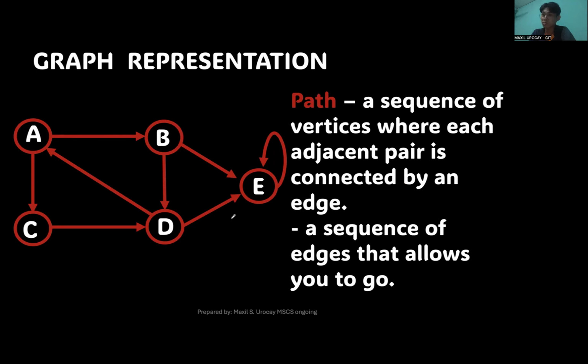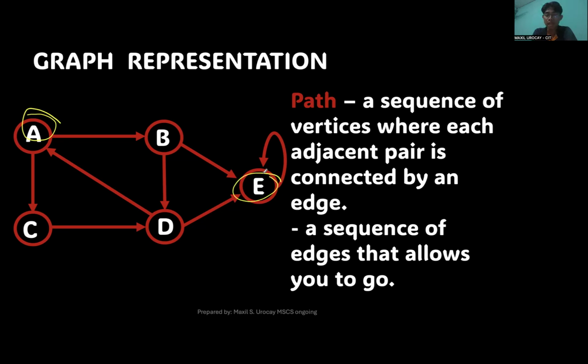This is a sequence of vertices where each adjacent pair is connected by an edge, and a sequence of edges that allows you to go anywhere in the graph. So say, for example, suppose we are starting from node A, and my goal is to go to the letter E.